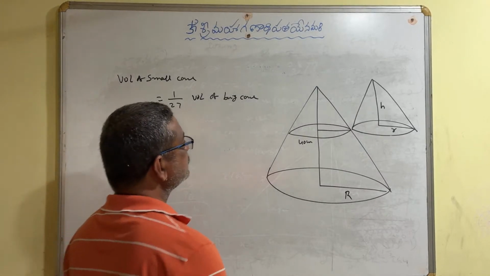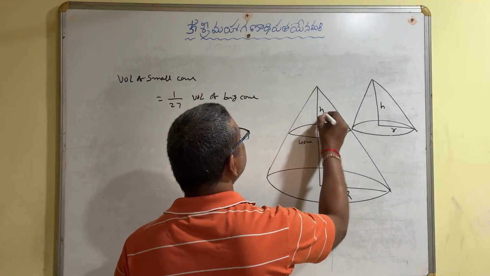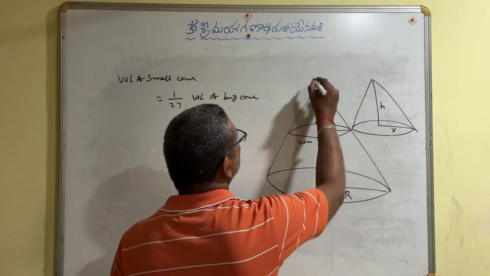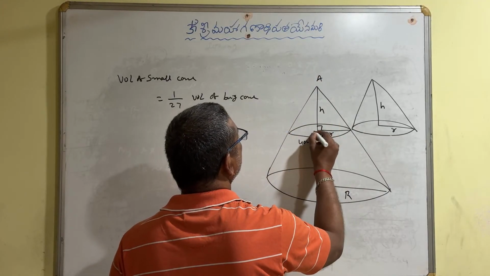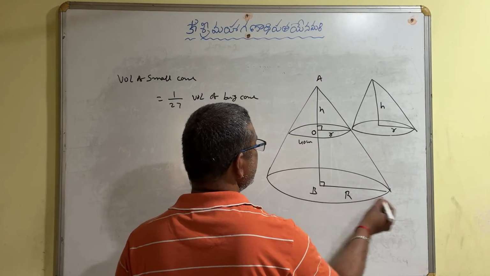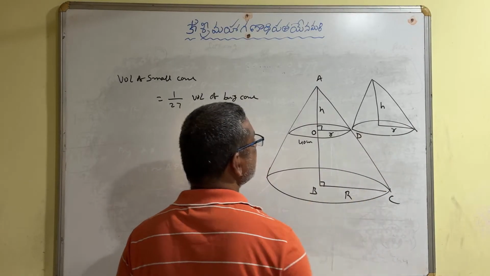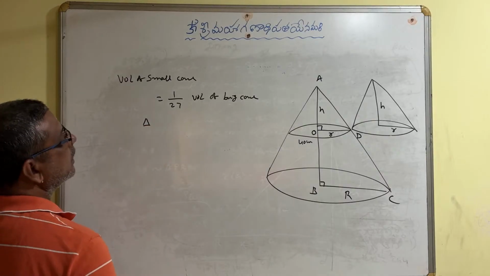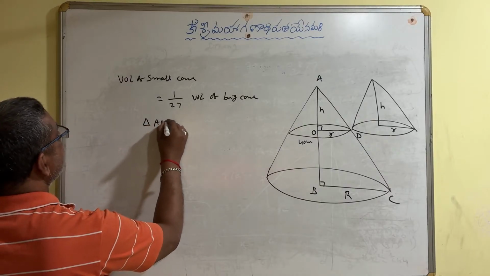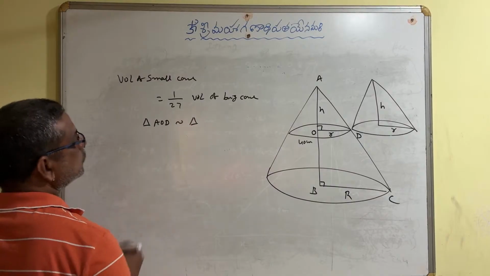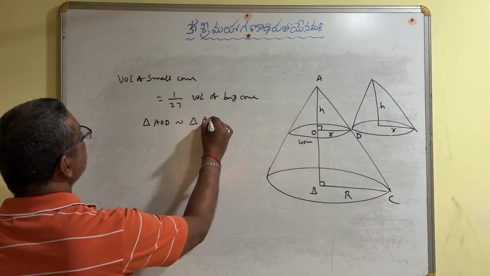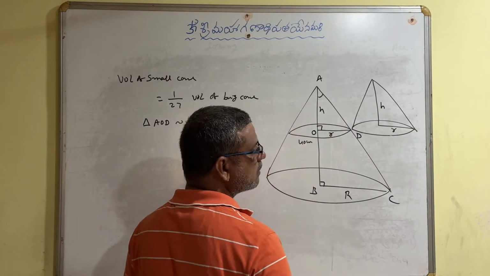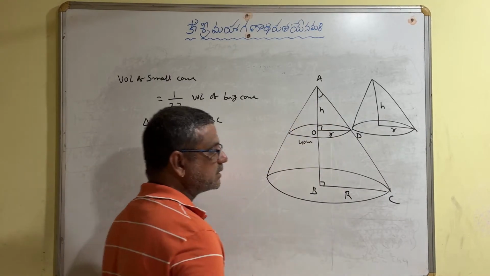Now, if you observe here, this is R, H. Since it is a right circular cone, with points A, O, B, C, D, triangle AOD is similar to triangle ABC. Why? This is the common angle and both are right triangles.